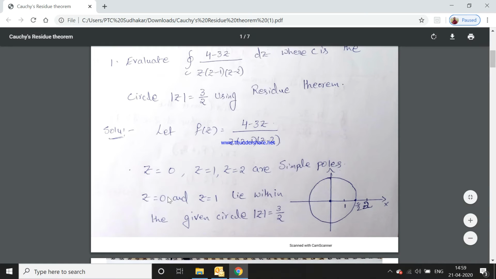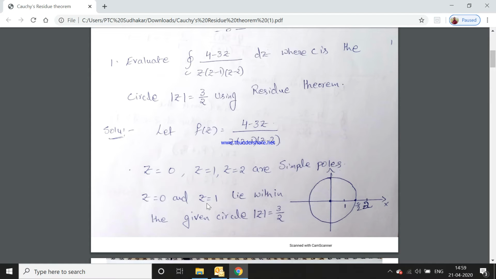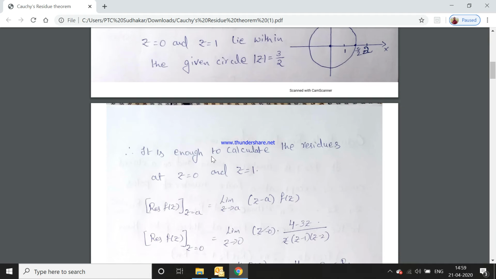So we find the residues at 0 and 1 only, because the residue theorem is applicable for inside poles only. It is enough to calculate the residue at z equal to 0 and z equal to 1.